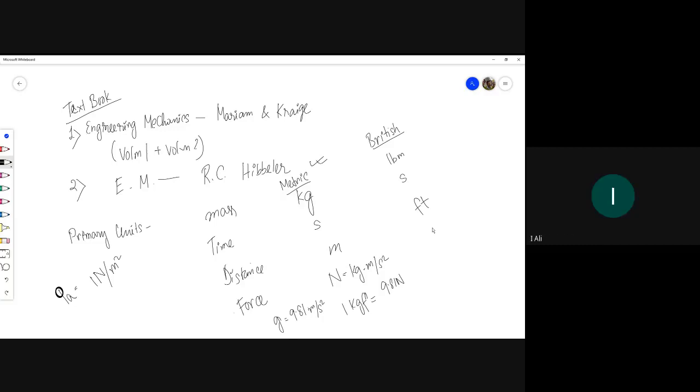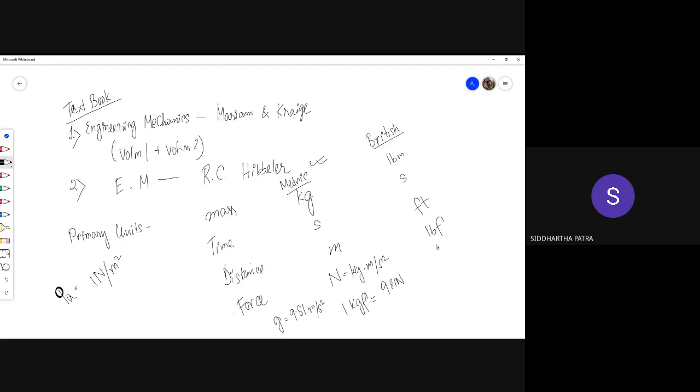Pound feet per second square, yes, obviously, but do you know what it is called? Poundal. Okay, but in the British system hardly that unit is used. What do you think is used? It is actually pound force.